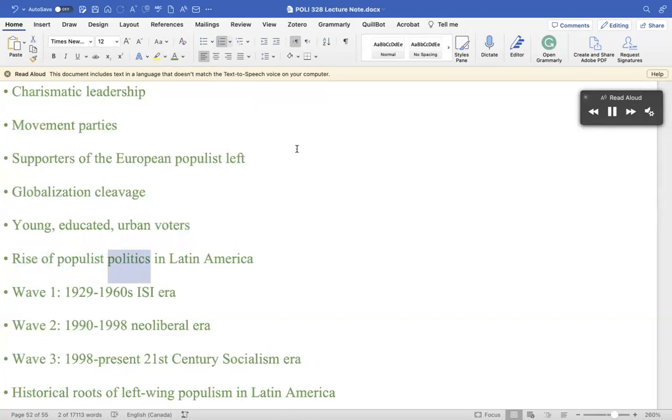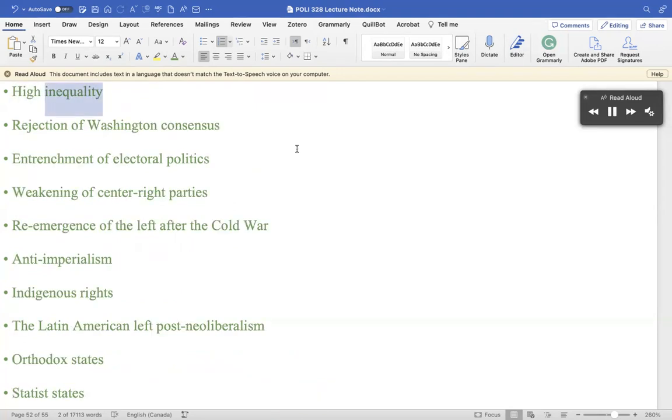Rise of populist politics in Latin America. Wave 1, 1929 to 1960s, ISI era. Wave 2, 1990 to 1998, neoliberal era. Wave 3, 1998 to present, 21st century socialism era. Historical roots of left-wing populism in Latin America. High inequality.